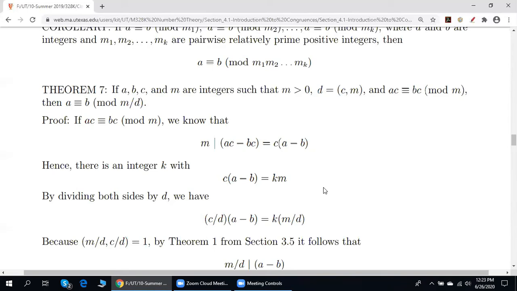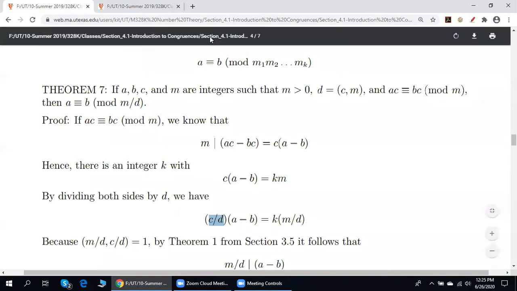Here is what we do next. Let us divide both sides by D. The left-hand side can be rewritten as C divided by D times A minus B. The right-hand side can be rewritten as K times M divided by D. Note that M divided by D is relatively prime with C divided by D. Here is why.